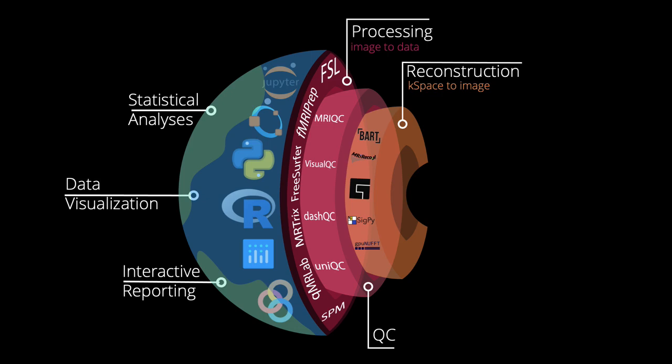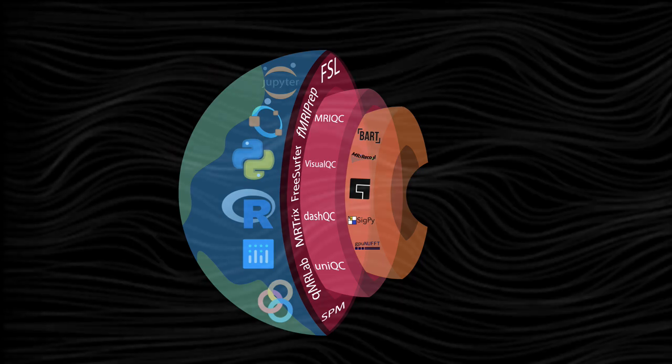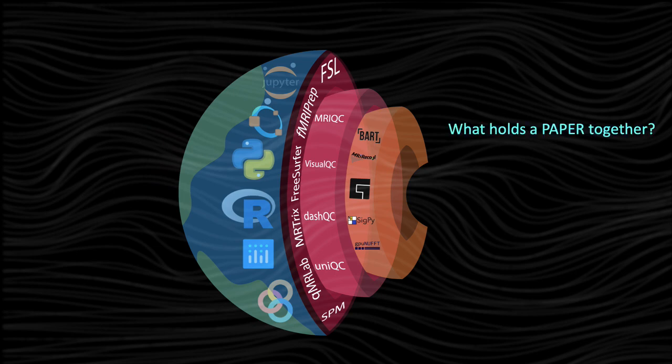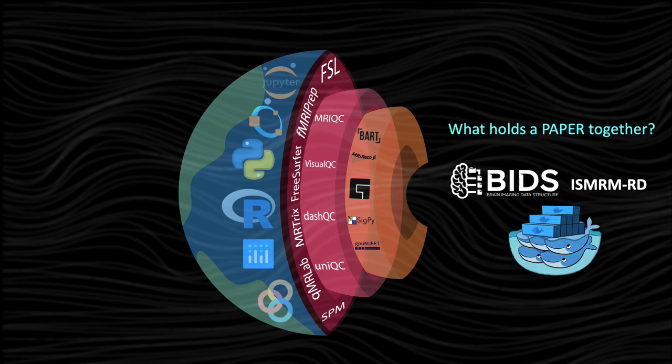And then when we go the extra mile to make all these layers visible, what do we need to integrate them? What holds a paper together? I argue that we need community data standards and reproducible execution environments working their magic in a data-driven workflow.